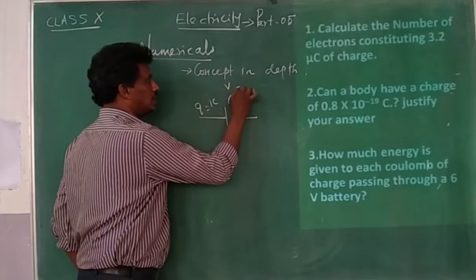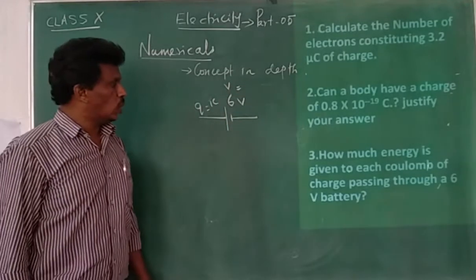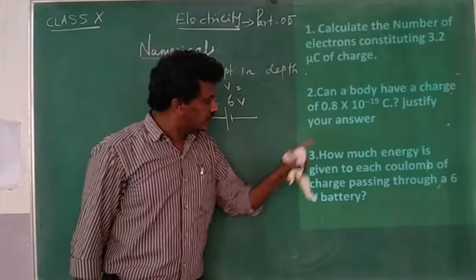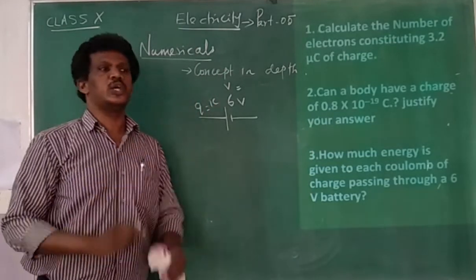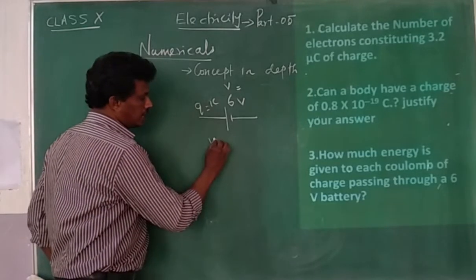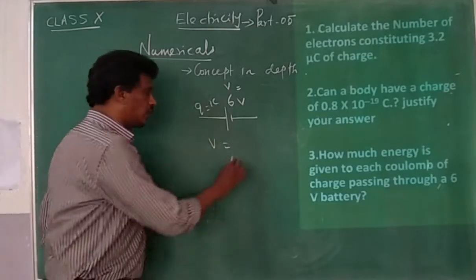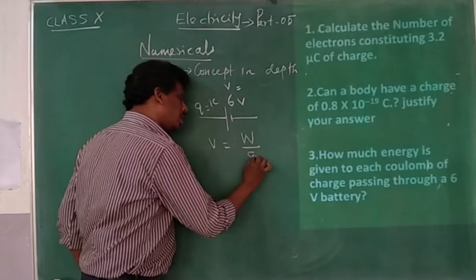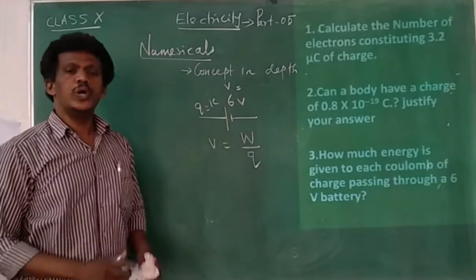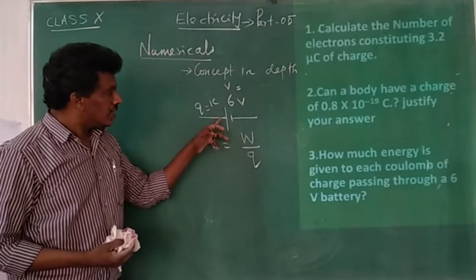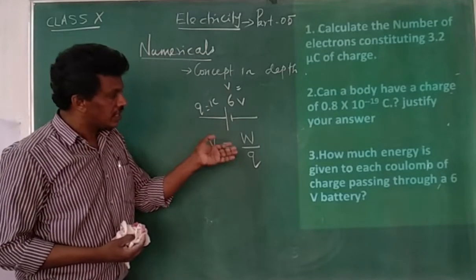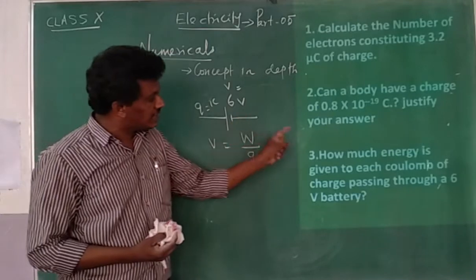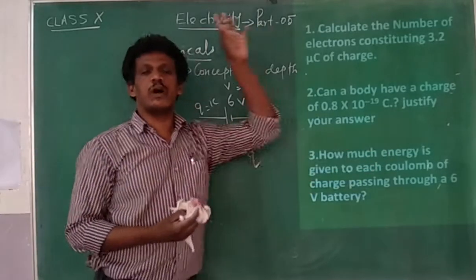The potential difference applied is 6 volt. How much energy is given? The energy is nothing but the work done, which you have to find out. What is the basic concept? Potential difference equals work done upon charge. Who is doing the work? The battery. So that energy is given to each coulomb of charge.